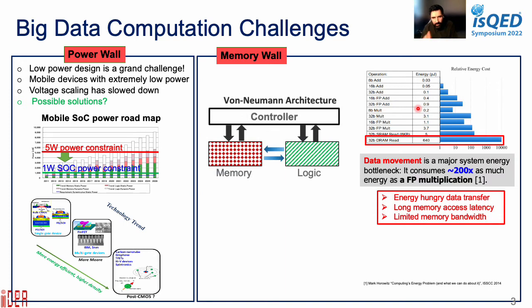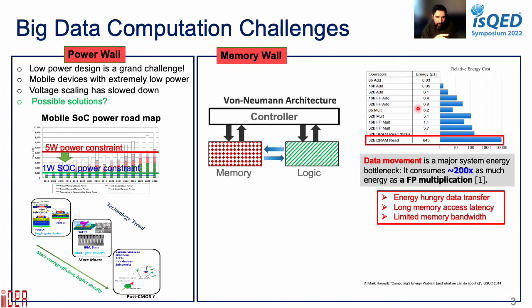On the other hand, current computing platforms are based on von Neumann architecture, with separate memory and processing units, struggling to address computationally and memory-intensive big data tasks, and imposing energy-hungry data transfer, long memory access latency, limited memory bandwidth, and so many things.